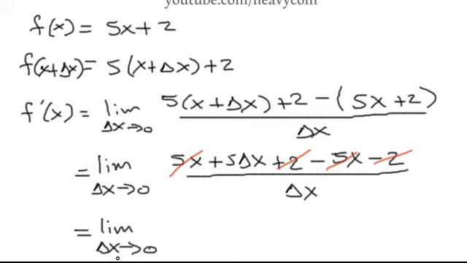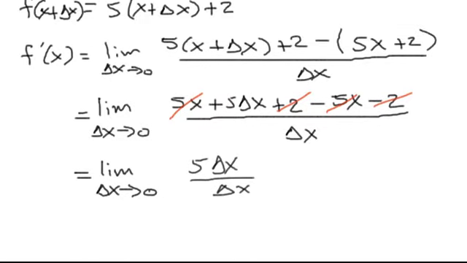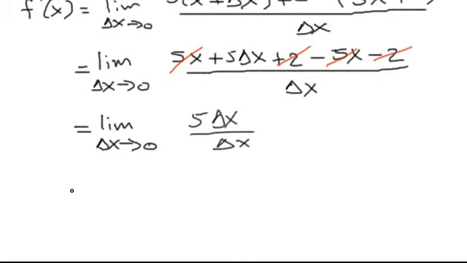Alright, so I'll just go ahead and rewrite what we got. 5 delta x over delta x. So we have the limit as delta x approaches 0. Now these delta x's can cancel out, and all that stuff collapses down to 5.